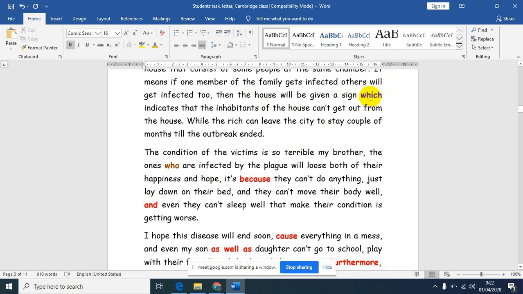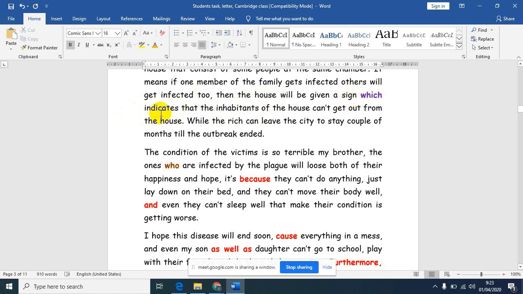Still adjective clause. Why? Because indicates that the inhabitants of the house can't get out. It is also a sentence, right? Yeah, it is a sentence, right? It indicates, but I changed it into the house will be given a sign which indicates.